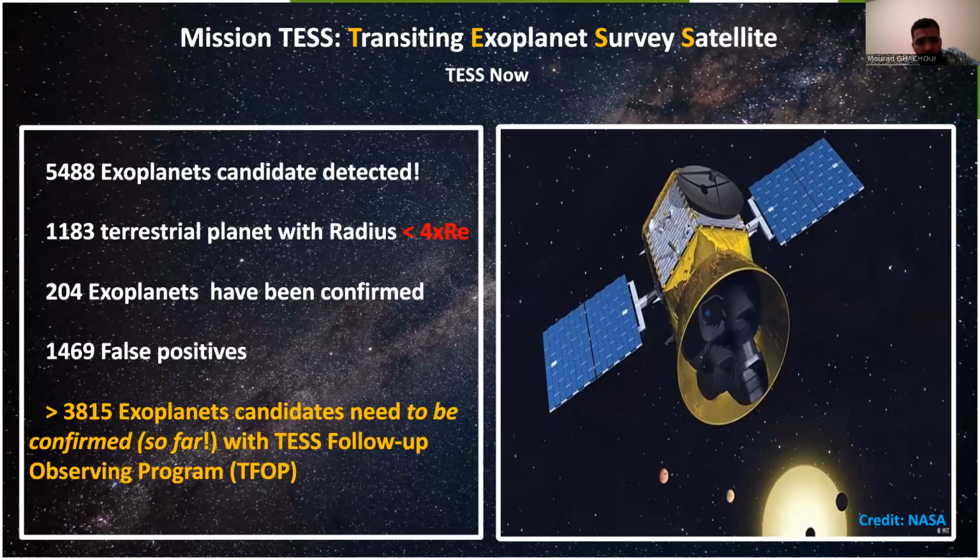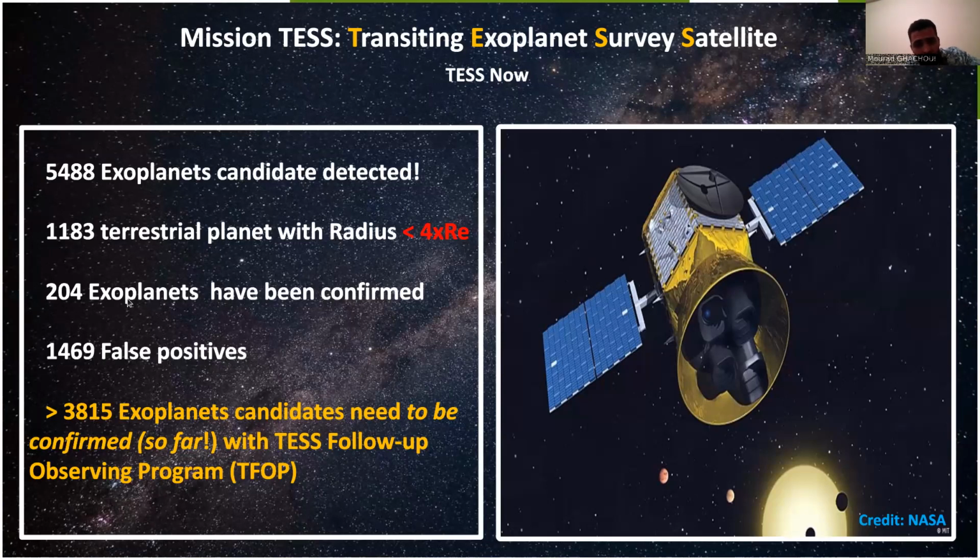TESS has now revealed about 5,500 exoplanet candidates, including 1,183 terrestrial planets with a radius smaller than 4 times the radius of the Earth.